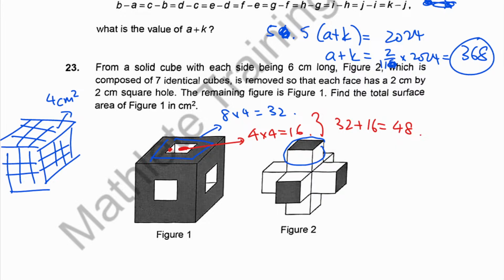And then because you have 6 faces, it's 48 times 6, which is equal to 272. No, 288. 288 square centimeters. Okay, so this should be the method on how to solve question 23.